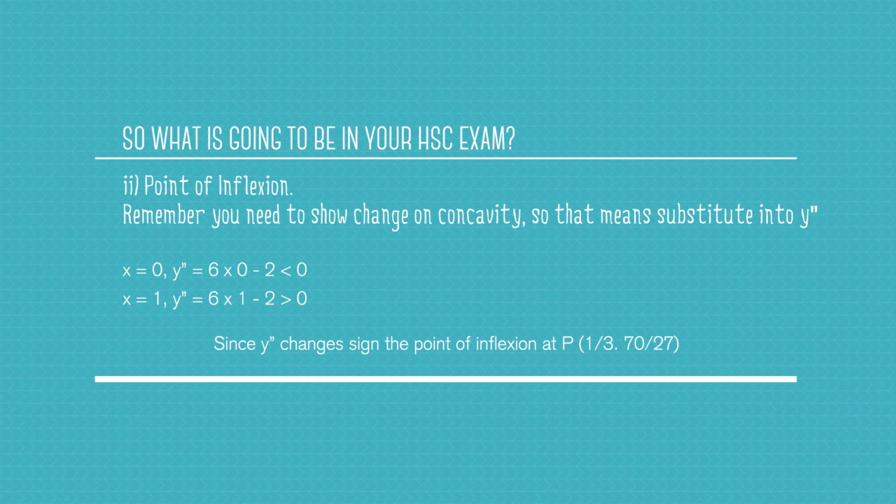If you've used those values as part of your testing process for stationary points, that's fine. You don't need to do a great, I just rewrite out the simple test, show that one is less than 0, show one is greater than 0, just show it's a point of inflection. But you need to show the change of concavity. You can't just assume that because second derivative equals naught that it is going to be that.